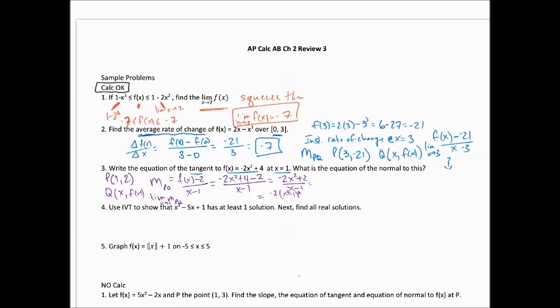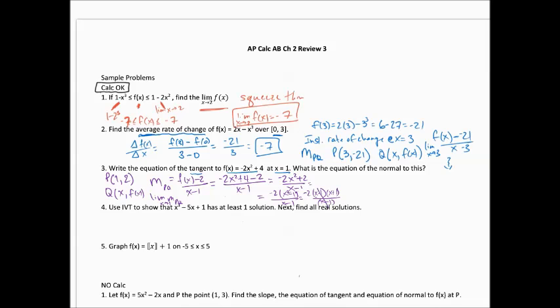Let's go ahead and clean that up just a teeny bit here. We will rewrite this as x squared minus 1 over x minus 1. And this factors to x minus 1, x plus 1, over x minus 1.